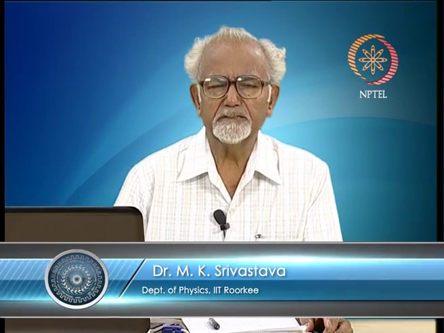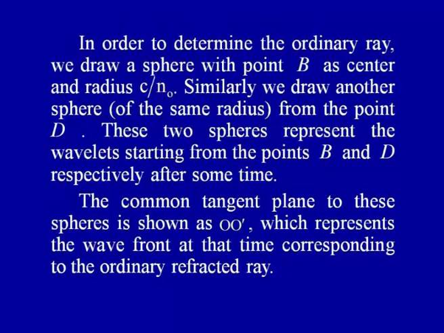So, the other sphere starts from the point D. These two spheres represent the wavelets starting from the points B and D respectively after some time. The common tangent plane to these spheres is shown as OO prime, which represents the wavefront at that time corresponding to the ordinary refracted ray.